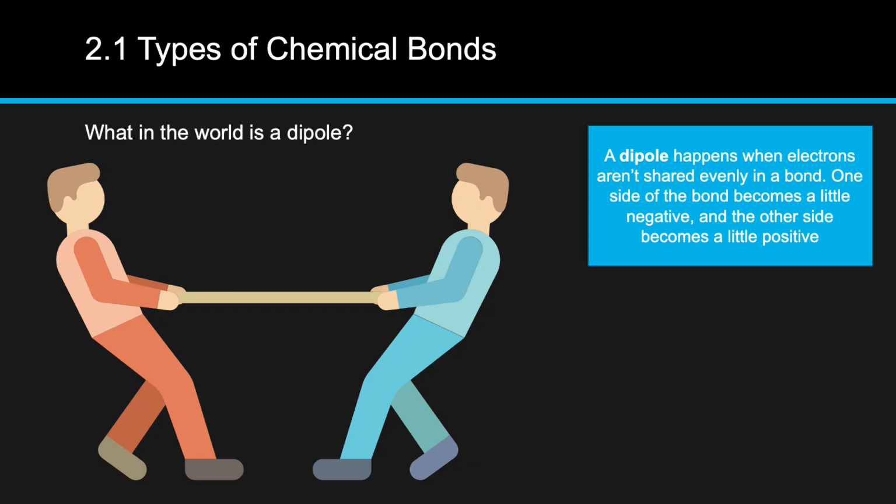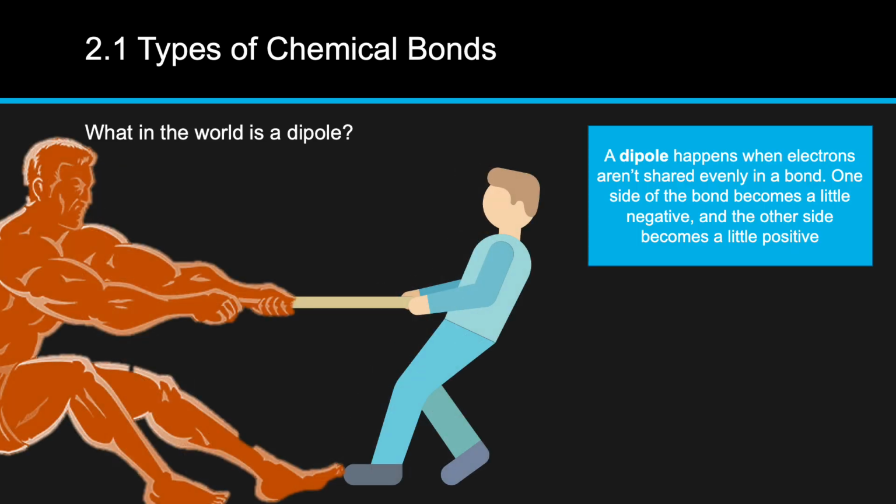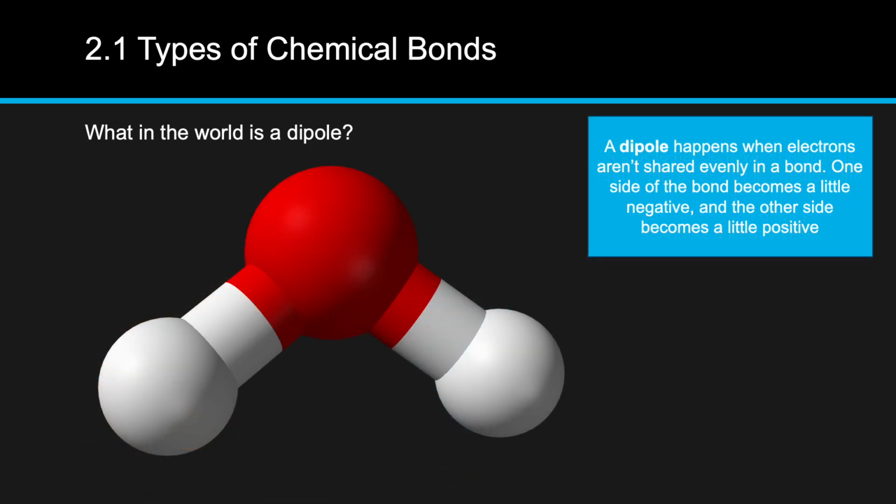Now, what happens if one of those people playing tug of war is extremely stronger than the other? That means the rope is going to get pulled towards that stronger person, and that is an unequal sharing of electrons, which would be a polar bond. So that's the same concept when we're talking about atoms in a molecule. Let's take water, for example. The red is going to simulate an oxygen atom, and the whites are going to simulate hydrogen atoms.